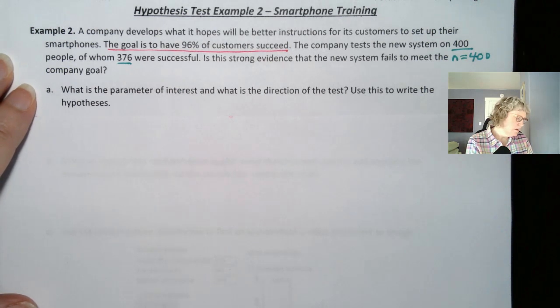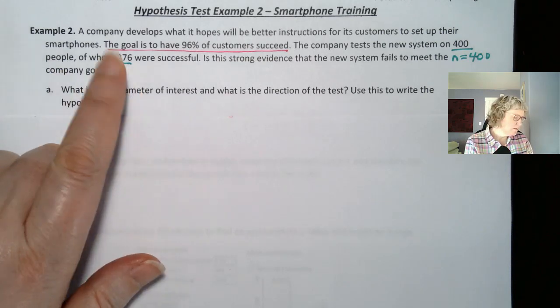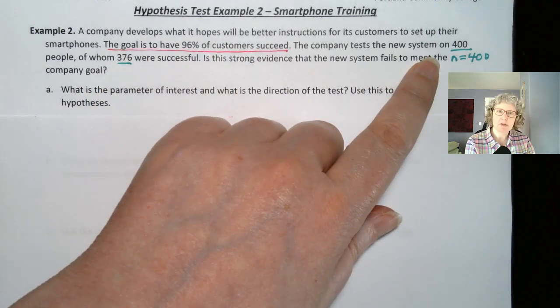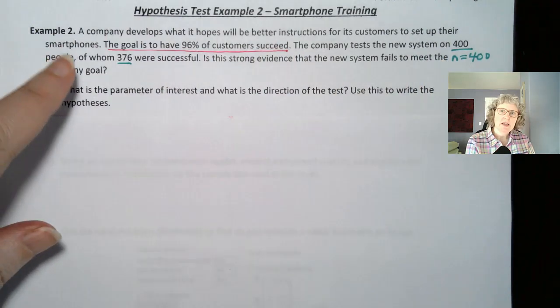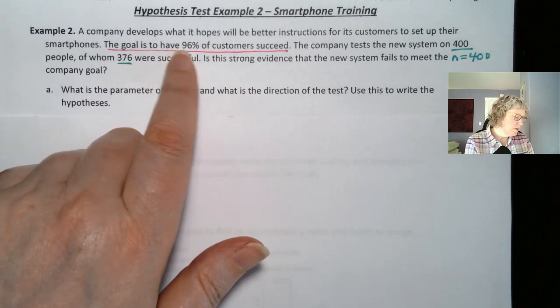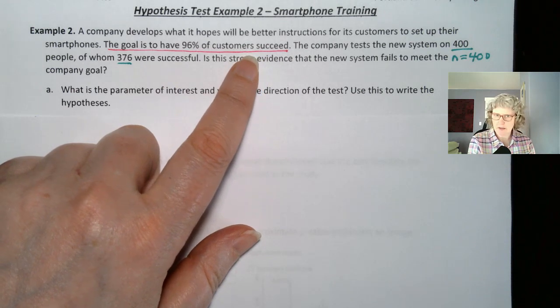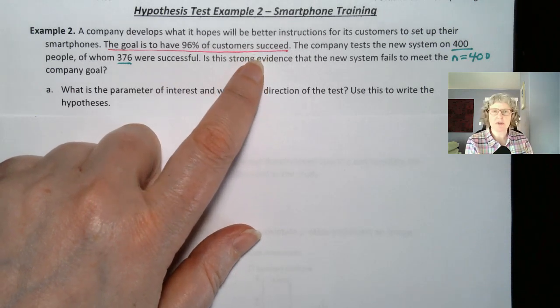Is it a mean or a proportion, or two means or two proportions, which we haven't gotten to yet, but eventually they'll be all mixed up. So I'm seeing a proportion, because I'm seeing a number out of a denominator. And the variable is whether the customer succeeded in setting up their phone correctly or not. So that's a yes/no thing.